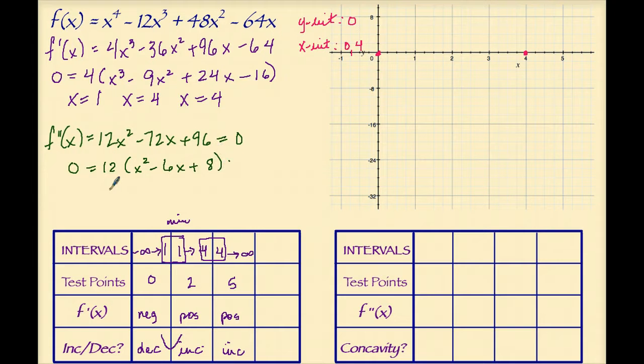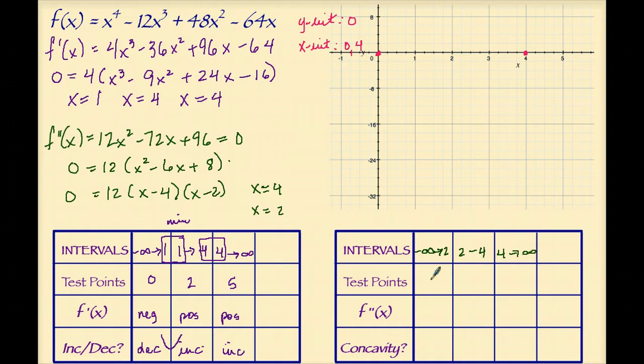Finally, something that can be factored using traditional methods. This factors into x minus 4 and x minus 2, which tells us we have potential points of inflection at 4 and at 2. So let's use these values to set up intervals for concavity: negative infinity to 2, 2 to 4, and 4 to positive infinity.